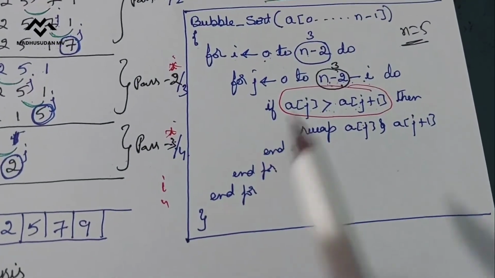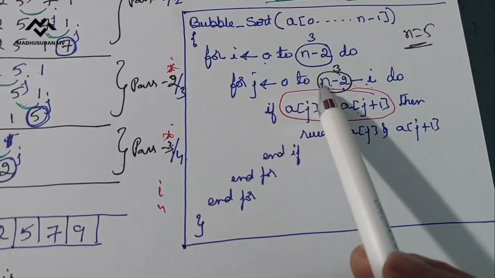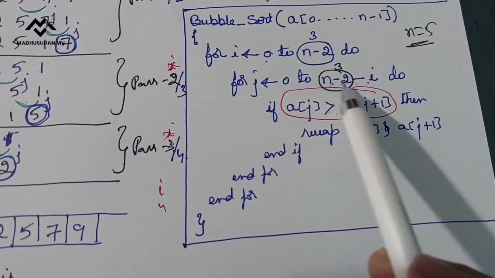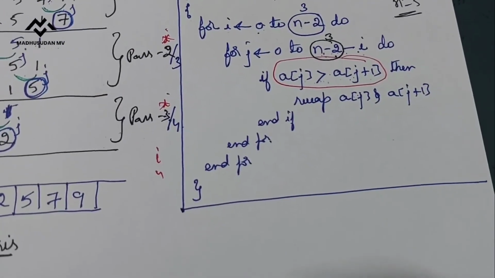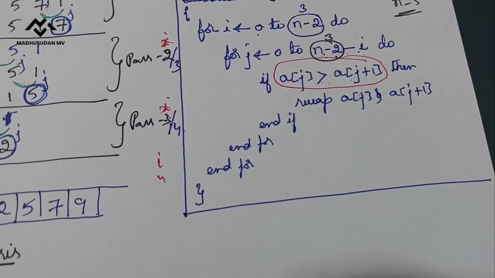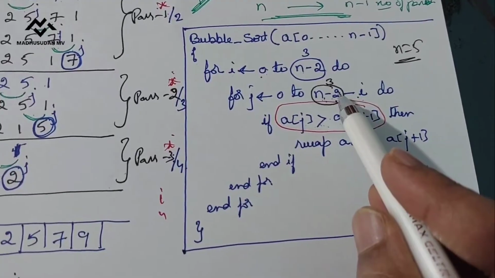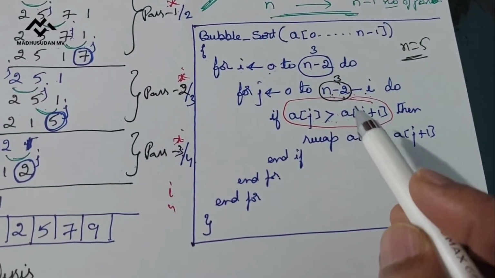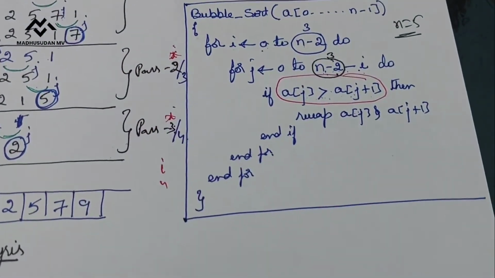The inner for loop is j, running from 0 to n minus 2 minus i. And for each iteration of this loop, the comparison operation is executed only once, so we write 1.